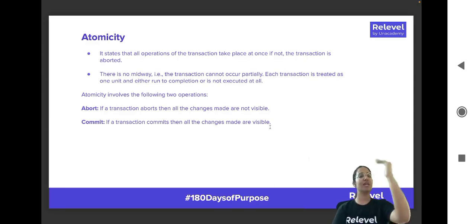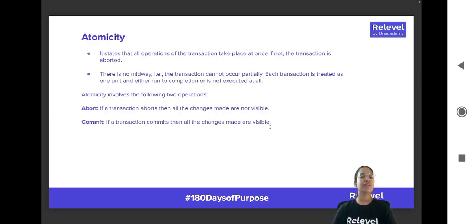Either you fully complete the transaction or you don't do it at all. Put the other way, there is no midway. The transaction cannot occur partially. Each transaction is treated as one unit, and either you complete its entire execution, or you do not execute it at all. Now, atomicity involves the following two operations.